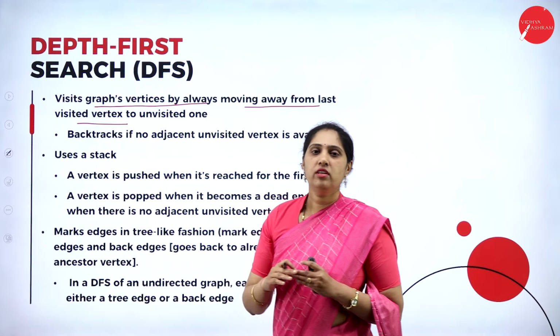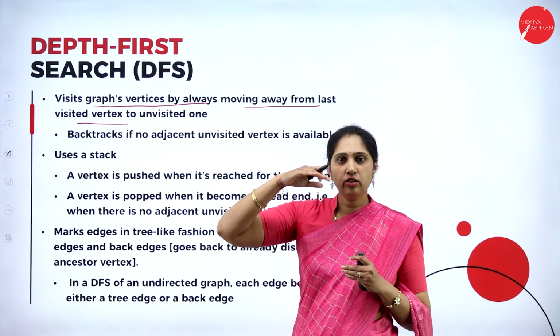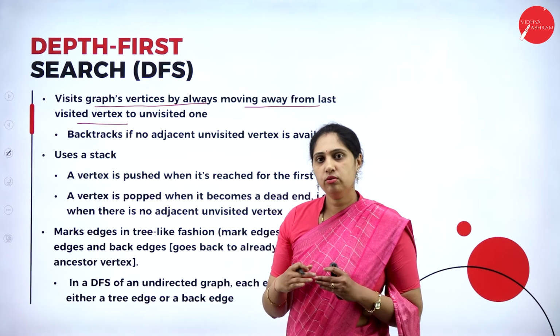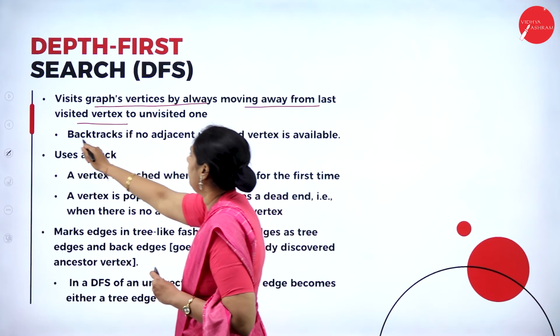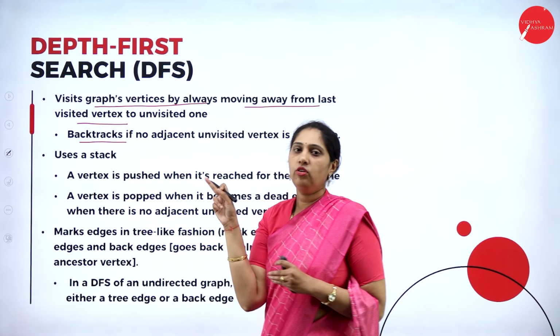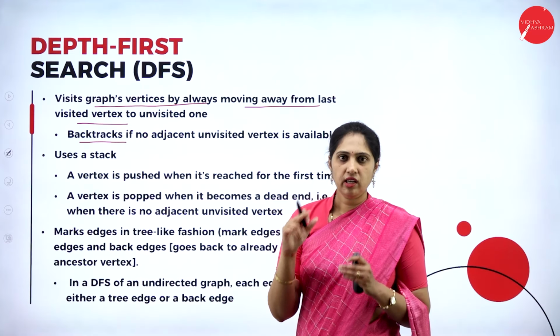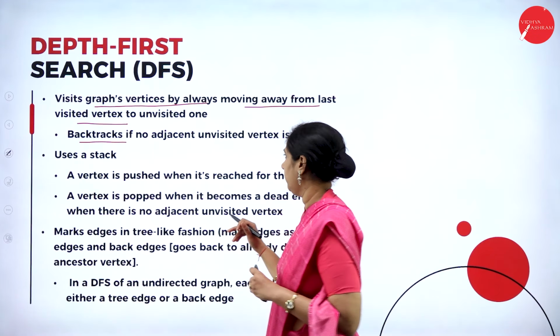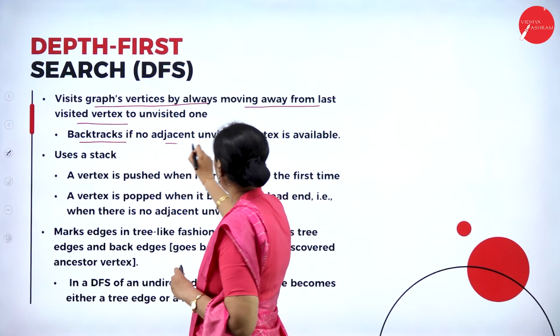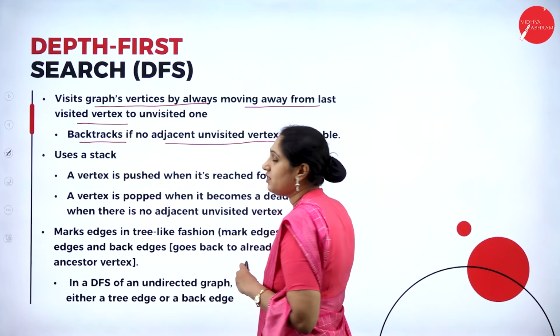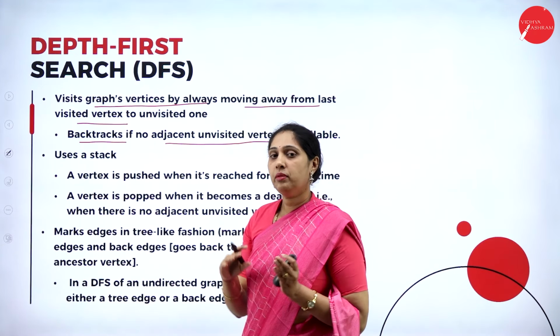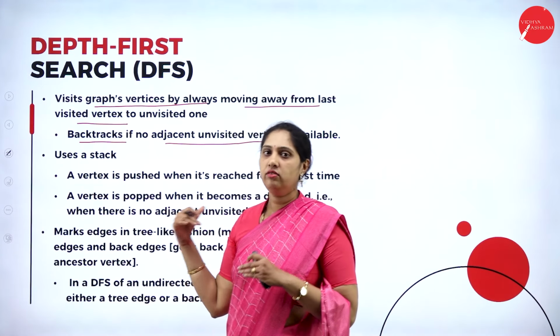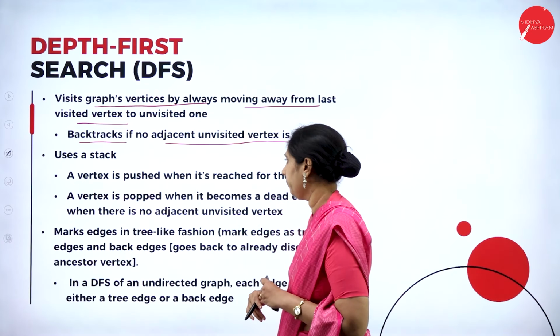If there is no adjacent node, I need to come back. What I do is backtrack, say reverse. That is only possible in DFS. When I say BFS, no backtracking. Backtrack if no adjacent unvisited vertex is available.